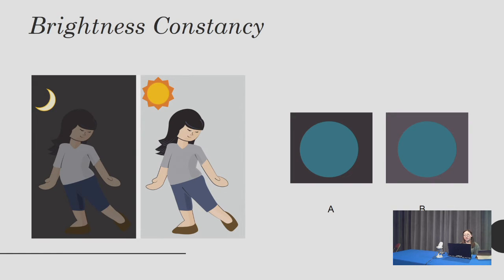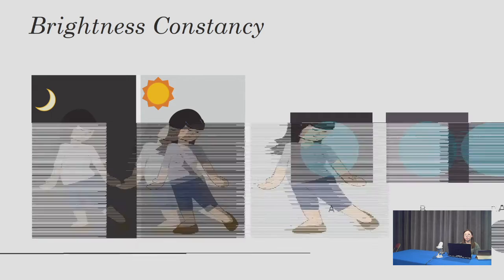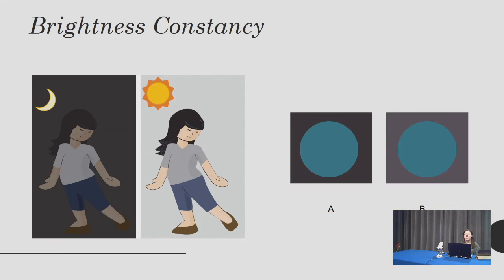And also for this one, the circles in the center belong to the same color blue, but for the squares around the circles, A is darker gray and B is lighter, and when we look at them, it seems like circle B is lighter than A, but in fact they are all the same color.